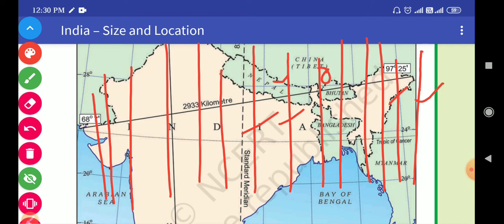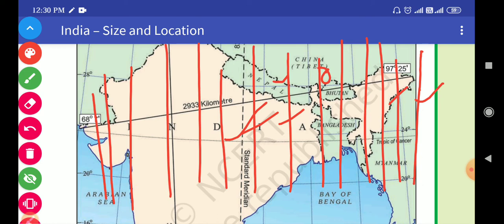Which longitude? It is 82°30' east, and it is termed the standard meridian. Why have we selected a standard meridian? This is because all the meridians of longitude merge into a single point at the pole.